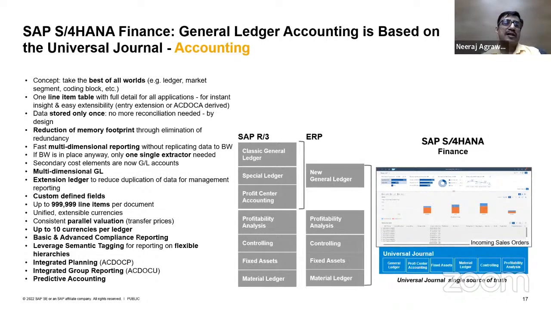And the next best part was we brought in one table where all kinds of line items could be stored, which is our main universal journal, ACDOCA, more popularly known by that, where we have everything. We can build any kind of multi-dimensional reporting out of it, because that's the place where we have almost everything critical or important from a reporting perspective.